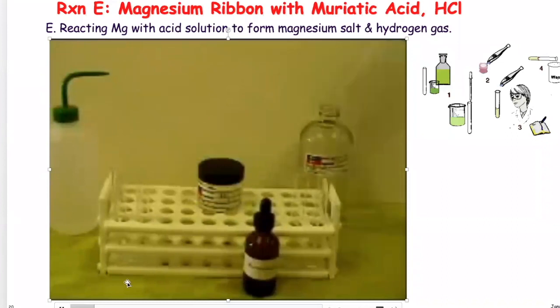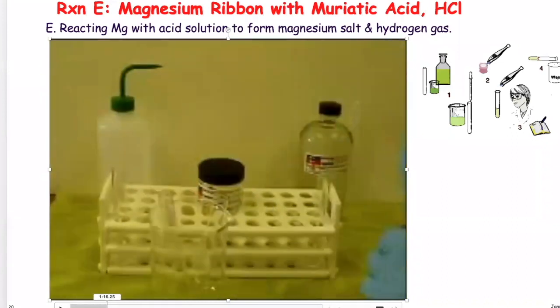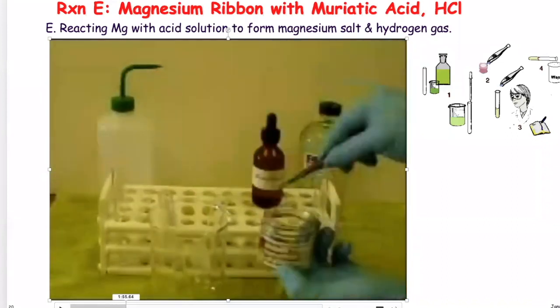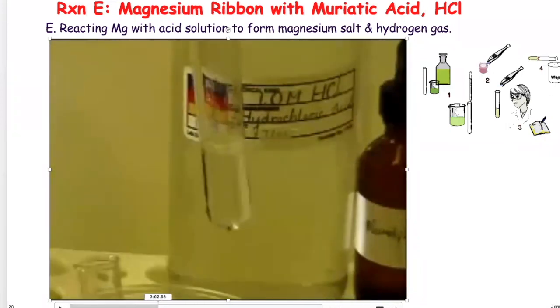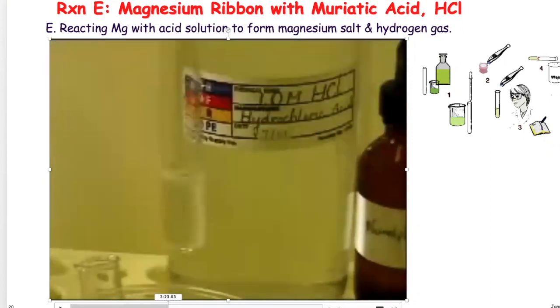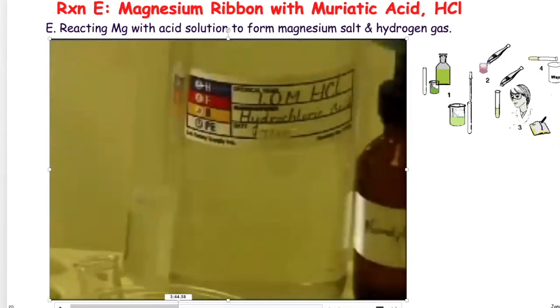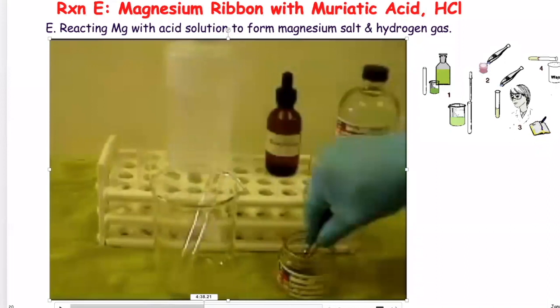Let me scrub through this so it's a lot quicker. So again, I'm just putting hydrochloric acid on these. I apologize for the granular resolution. I took this a while back when they didn't have 1080 resolution.